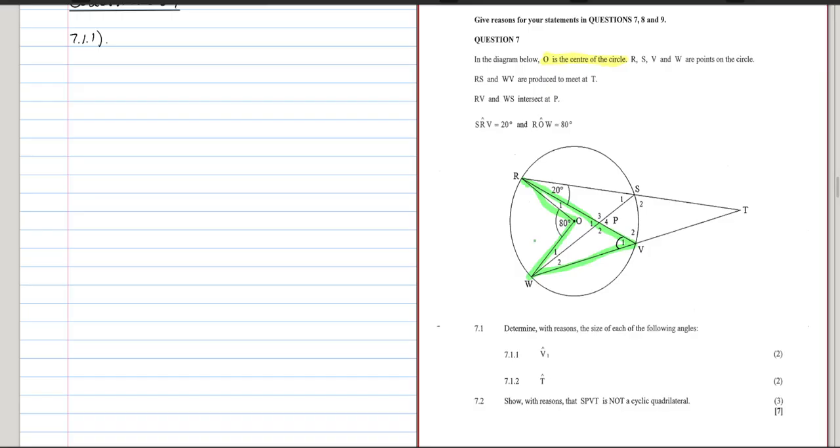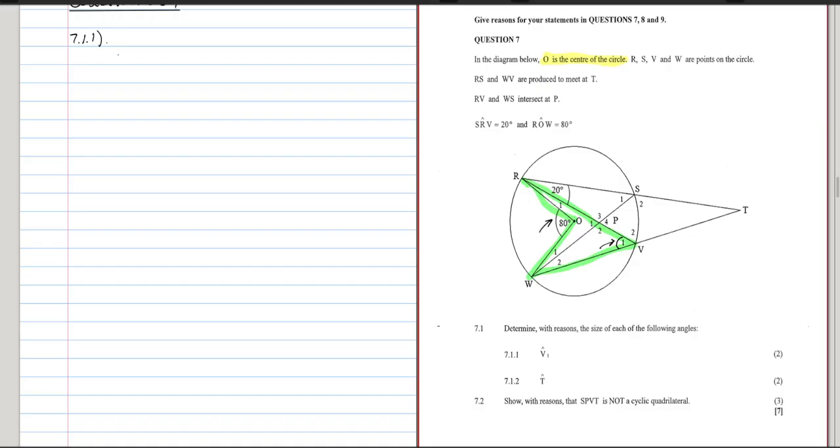Use that information to calculate the unknown angle. In this case, the 80 degrees and the V1, it makes sense to start with that. There's a relationship between the 80 and the V1. This one is an angle at center, and this one is an angle at circumference. And we know from the theorem that angle at center equals 2 times angle at circumference.